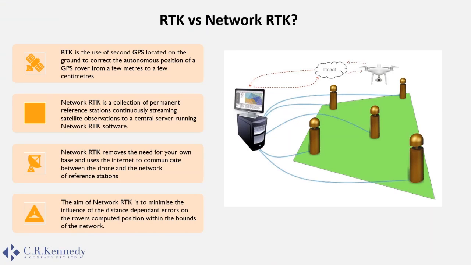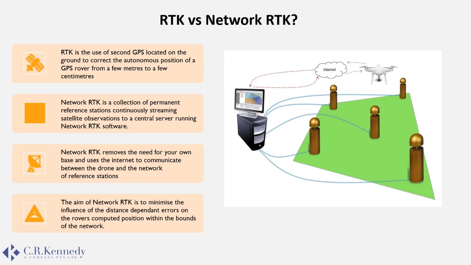So what's the difference between RTK versus Network RTK? Well, put it simply, the drone uses GPS to take georeferenced images. A GPS position on its own is only actually accurate to a few meters. So we use a second GPS receiver to correct this position down to a few centimeters or even a few millimeters.